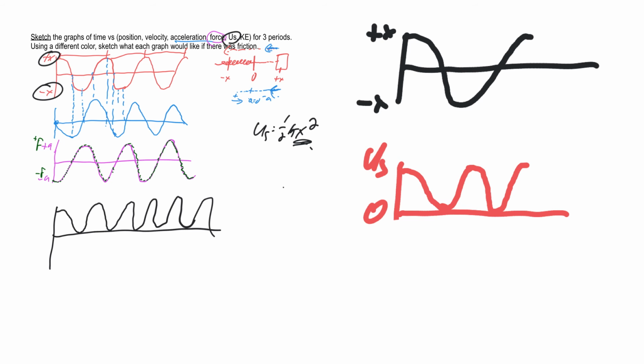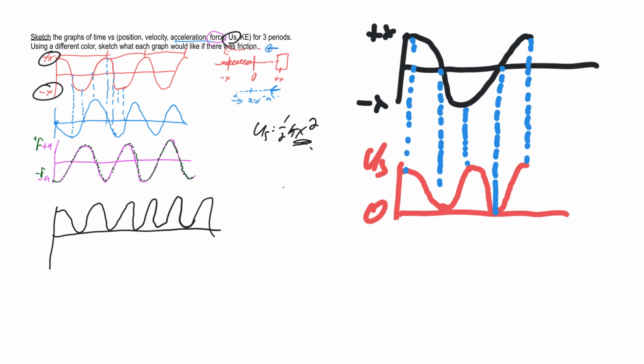All right, so again, this is maximized when x is maximized. This is 0. And then again, when x is maximized, this time in the negative direction, that's when you have a positive US here, right? And then this would be 0 again, and then this would be maximized.